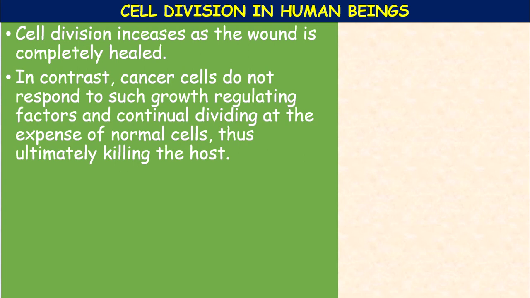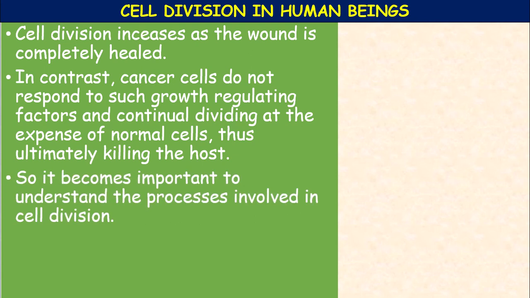For example, monocytes, one type of WBC, continue to produce more in number. When their number is not regulated, then what happens? They start eating away the normal cells. That is blood cancer. Okay?